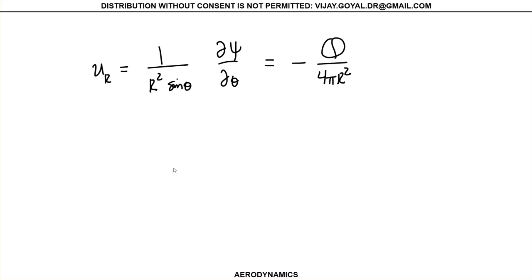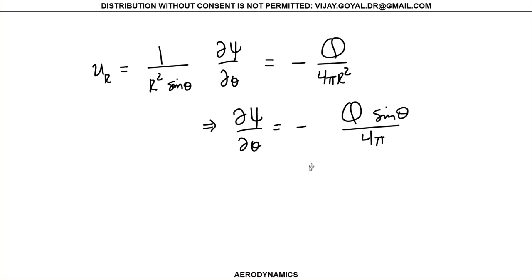So from here, I can solve for psi of theta. It would be minus sine of theta, Q over 4 times pi. Okay, so then I integrate once, and I find this is equal to Q over 4 pi cosine of theta plus a constant.